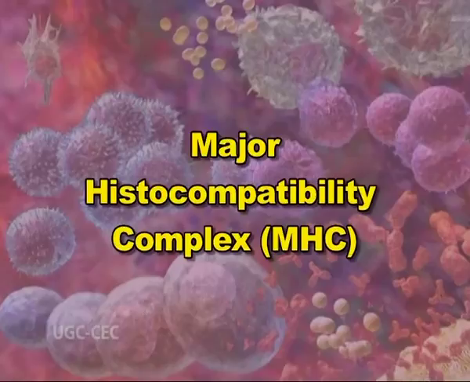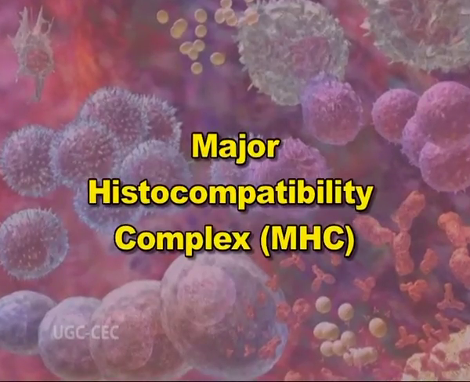The major histocompatibility complex, that is MHC, is a cell surface molecule encoded by a large gene family in all vertebrates. MHC molecules mediate interactions of leukocytes, also called white blood cells, which are immune cells, with other leukocytes or body cells.